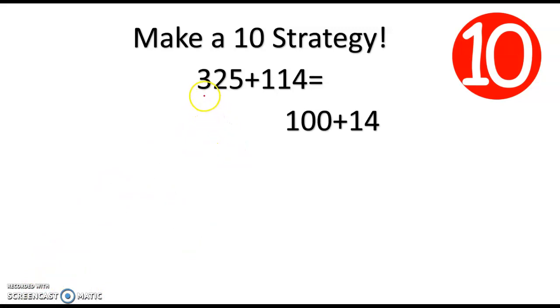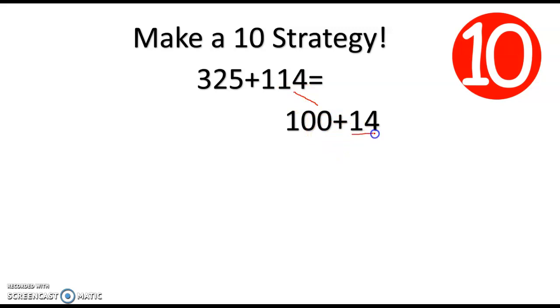I'm looking over here at 325, and it would be really easy to make 325 into a 10. I'd like to make 330. So I'm thinking about how I could break up 114 so that I can steal a 5. Well, I know that 114 is the same as 100 plus 14.